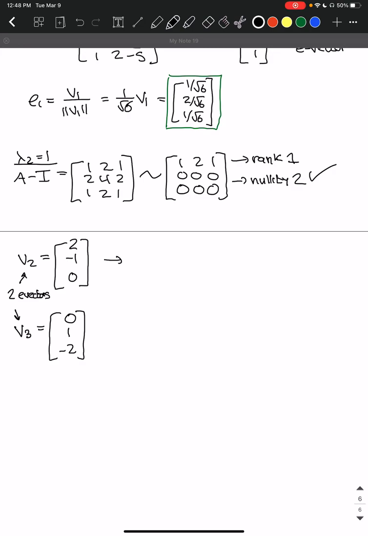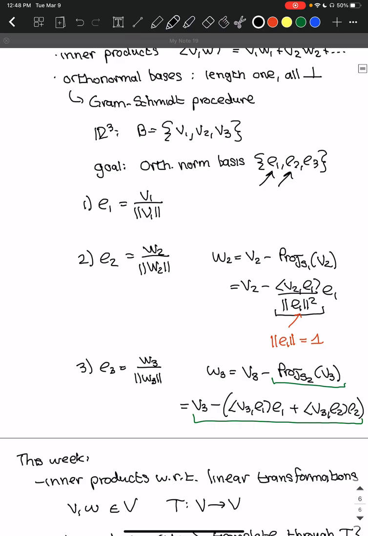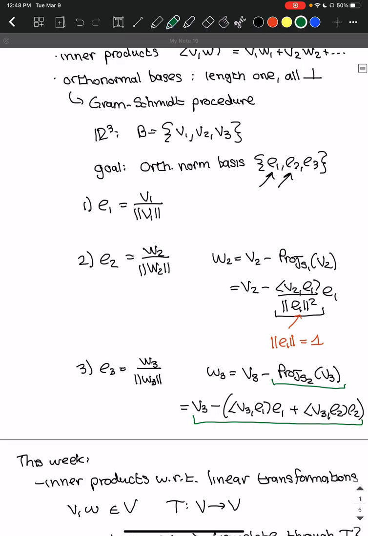And then I need to find an orthonormal basis for this one. So E2 is equal to W2 over the norm of W2, right? I'm just renaming them. Oh, I see why I call them W now. If we go up to this formula that we talked about earlier, W2 itself is equal to V2 minus the projection of V2 onto my first dimensional subspace.